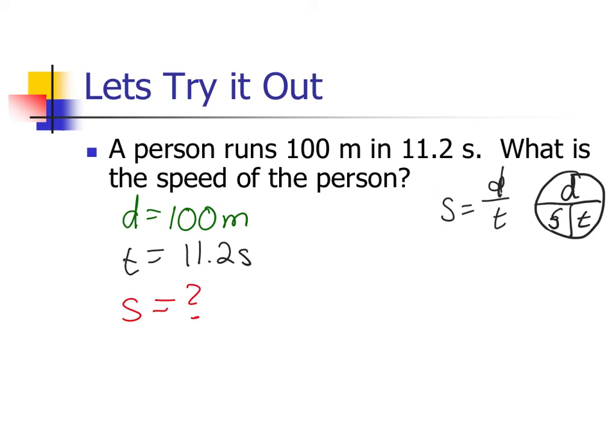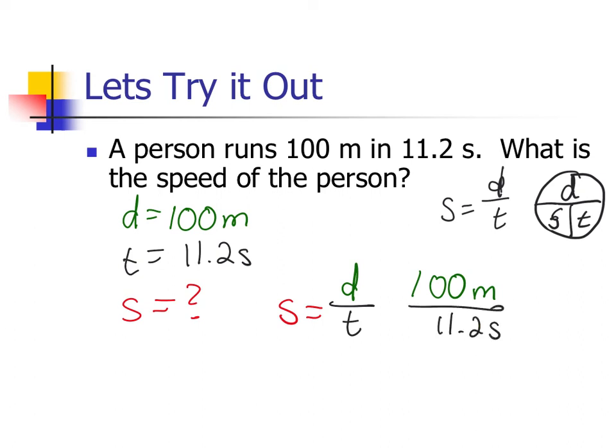That you use, the same. And that speed is equal to distance divided by time. 100 meters divided by 11.2 seconds is going to give me a value of 8.92.